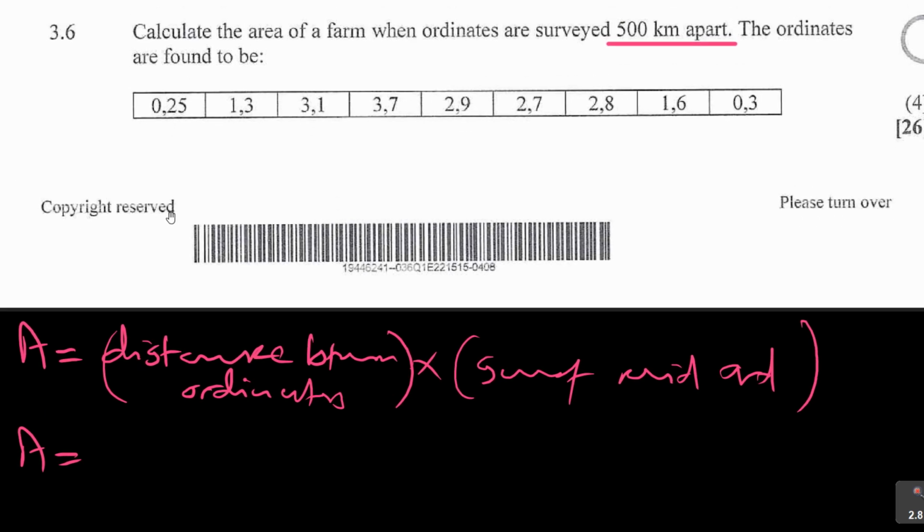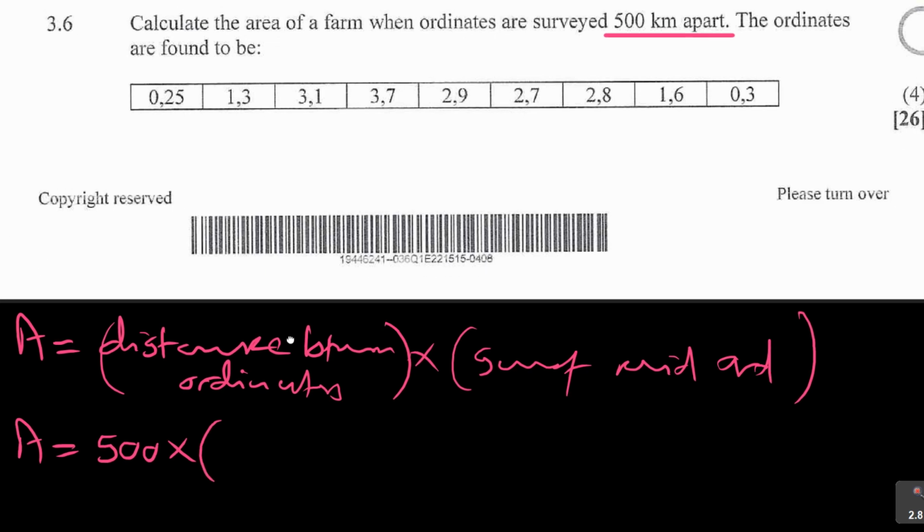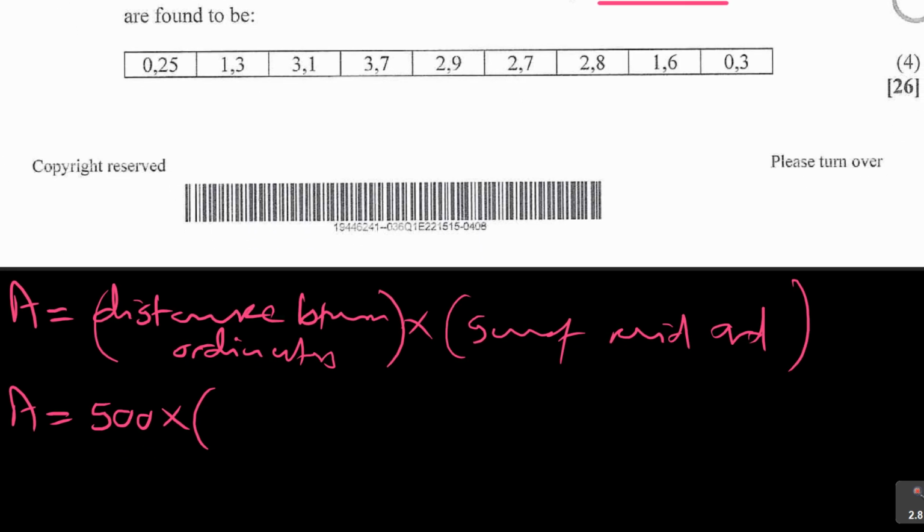So obviously that's the distance there. It's 500 times, and then the mid-ordinates. This is what you do, because you need to show the formula. It's 0.25 plus 1.3 over 2. You are adding this. Add the first, divide by 2. So here you are saying plus, and then you are dividing by 2.